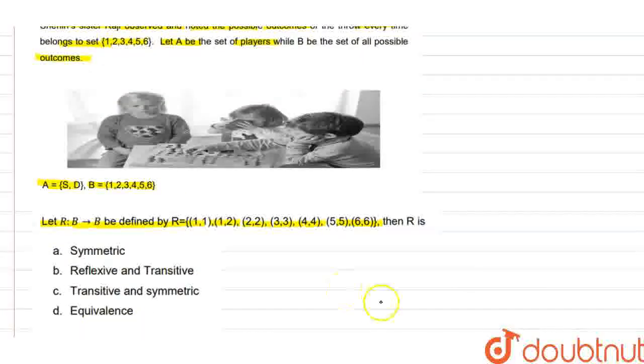तो हमें दिया है set A. Set A is the set of the players, that is Sherlin and Danju, and set B is the possible outcomes on the dice, that is 1, 2, 3, 4, 5, 6.